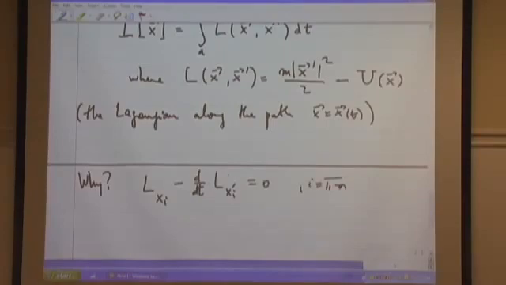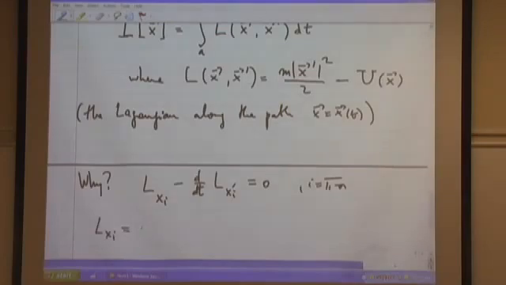Well, what's the derivative of L with respect to, say, x1, the first component of x? x1 doesn't appear in the first part. It only appears in the second one, right? So let me write it.